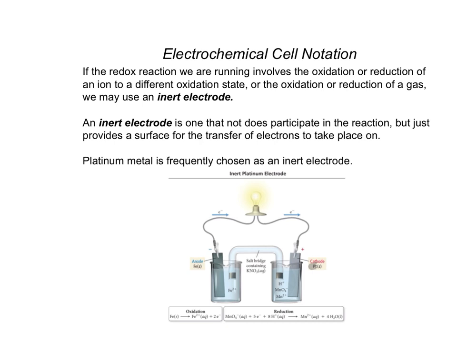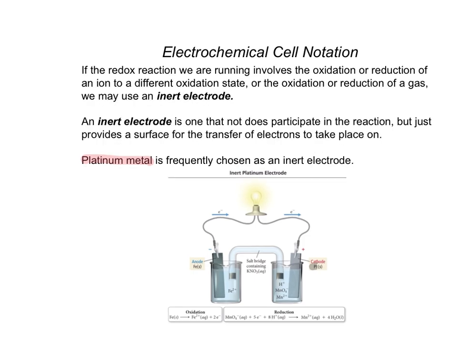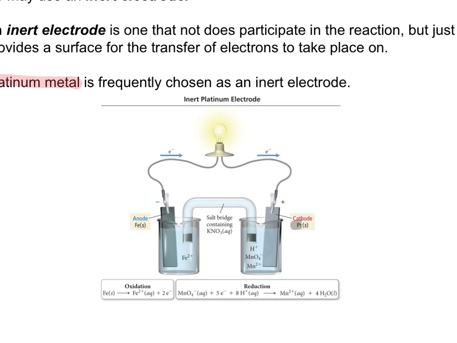What we mean by inert is the fact that this is not going to actually react overall, right? So whatever this metal is, whatever this conductive surface is, doesn't undergo any type of reaction. It's just a vehicle by which electrons can enter and leave the cell. So this inert electrode tends to be platinum. Platinum is a nice metal that does not participate in many redox processes. It instead can just be nice and conductive.